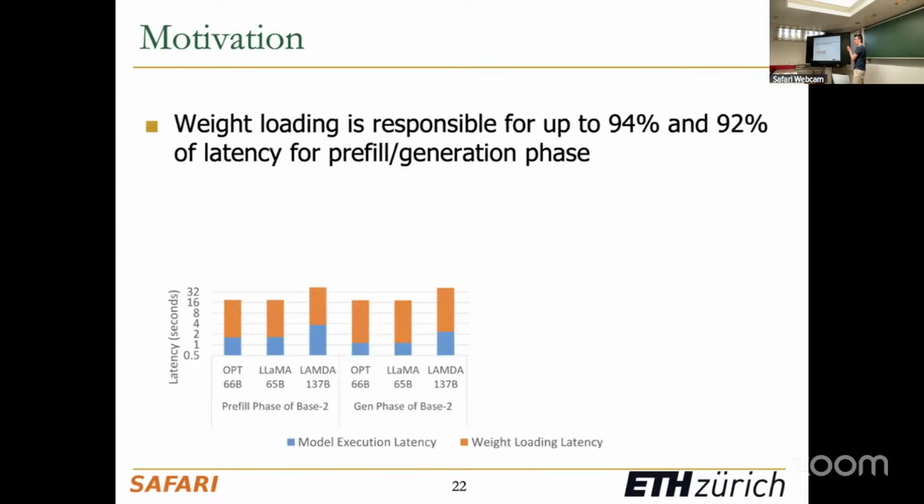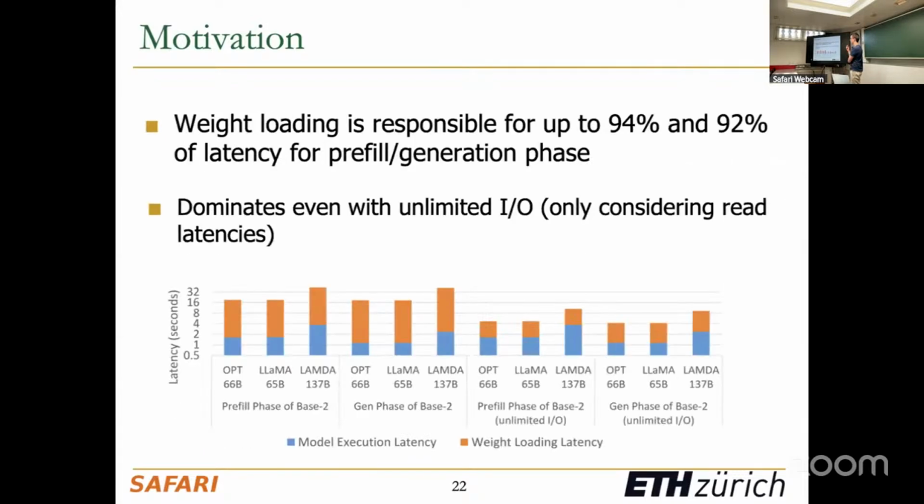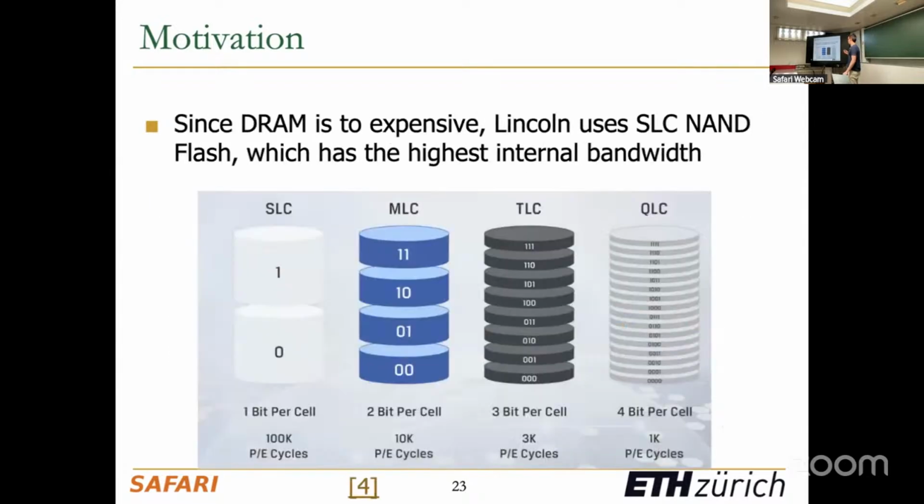Also, the flash has another problem: even if we consider only the read latencies, meaning we assume infinite I/O, it will still not be fast enough to attain real-time token generation. This is because the read latency of the SSDs is too high. Lincoln in this paper uses SLC NAND flash, which has the highest internal bandwidth.